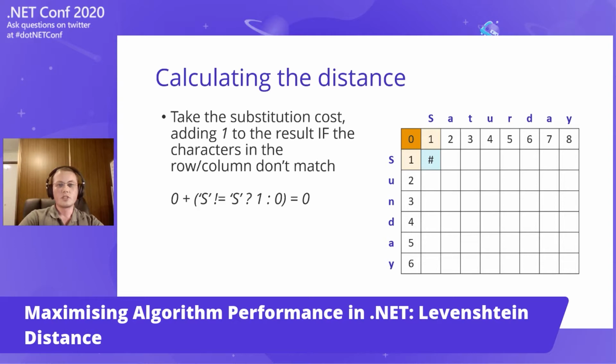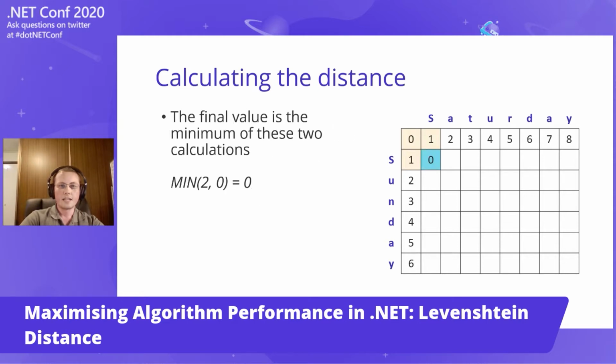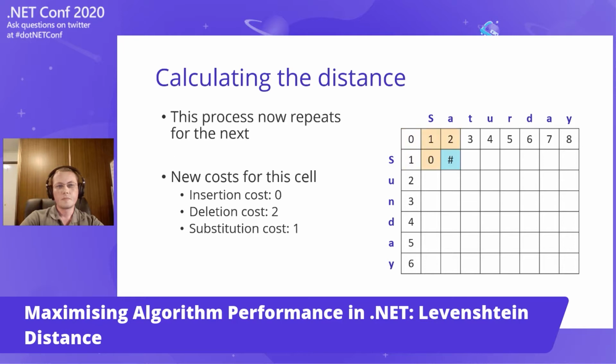We then take the substitution cost for this cell, adding 1 if the corresponding characters in the row and column don't match. The letters in this row and column are both the capital letter S, so we don't add 1, leaving us with a value 0. Finally, for this cell, we take the minimum value of the two other numbers we just calculated. This means that the value for our current cell is 0. We repeat this process for the next cell in the row.